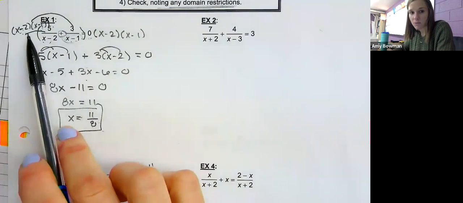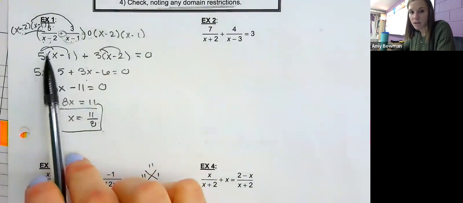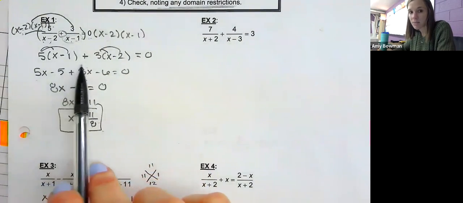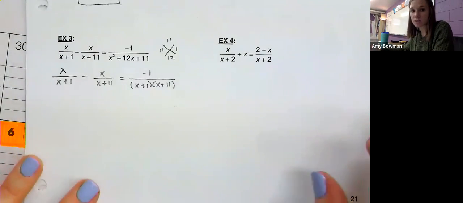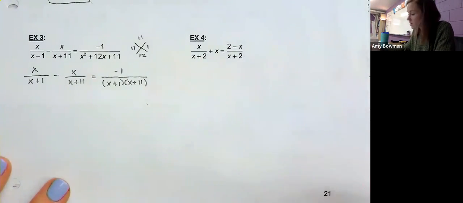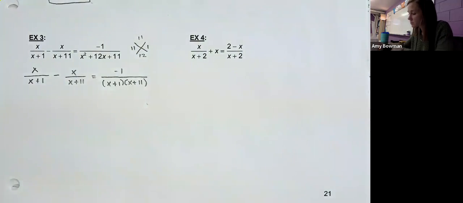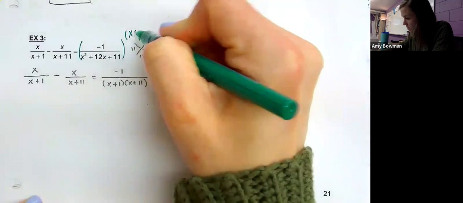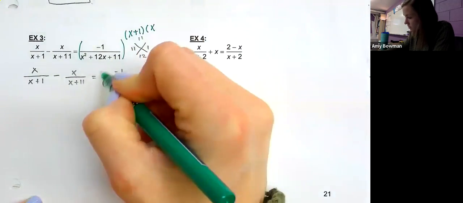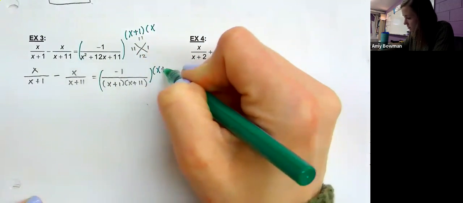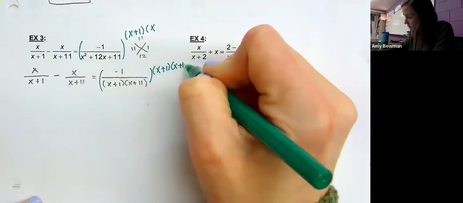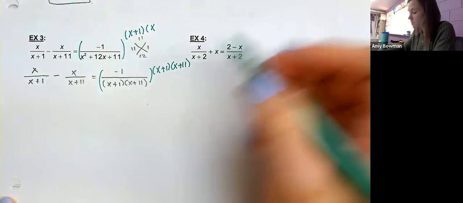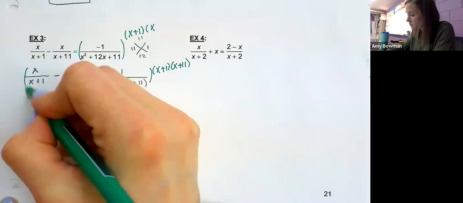The very first thing we did was multiply everything by the common denominator. And then in the very next step, the fractions were gone. And we're going to do the same thing here. So I'm going to multiply this left-hand side or right-hand side by x plus 1 times x plus 11. Same thing on this side.